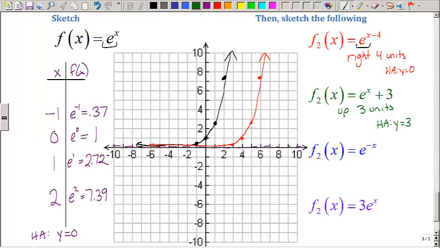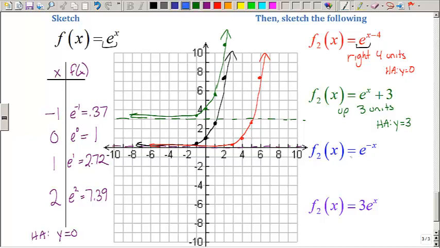So I'm going to take my horizontal asymptote, which is y equals 0, and shift it up 3 units to be y equals 3 for my green function. Each of my black parent function key points is going to shift up 1, 2, 3. Okay, now I can connect my points using my new horizontal asymptote to sketch my exponential function.